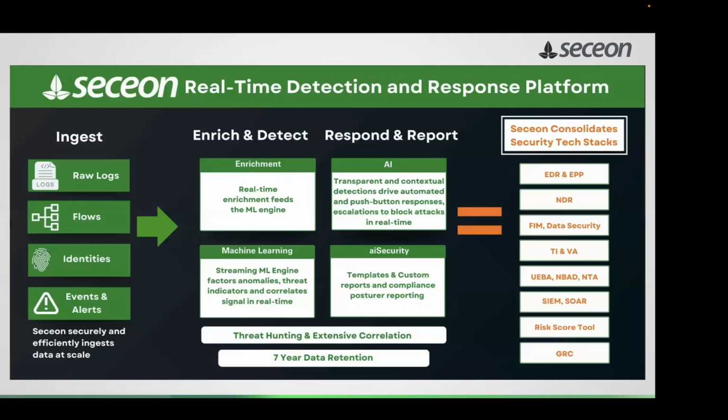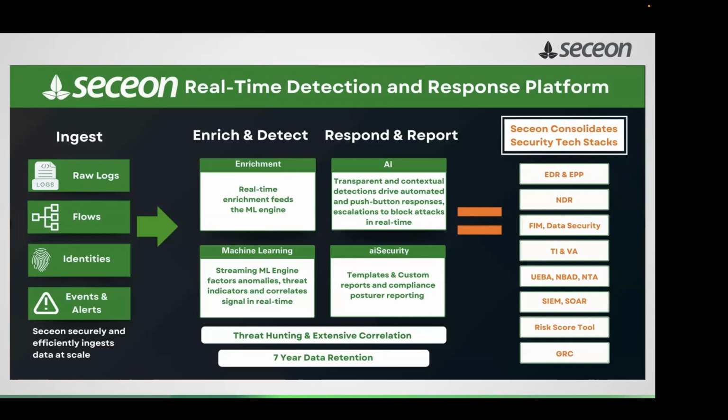So, we made this graphic here, a quick look. If you know anything about Seceon, it's a great platform for real-time detection and response. And on the left, we just talked about ingesting, right?